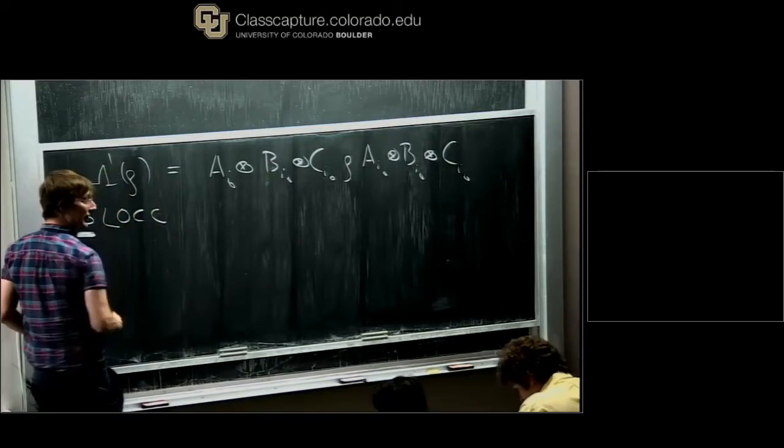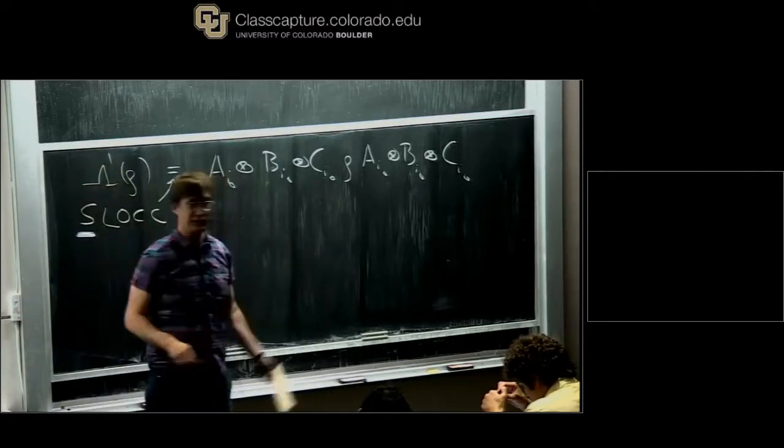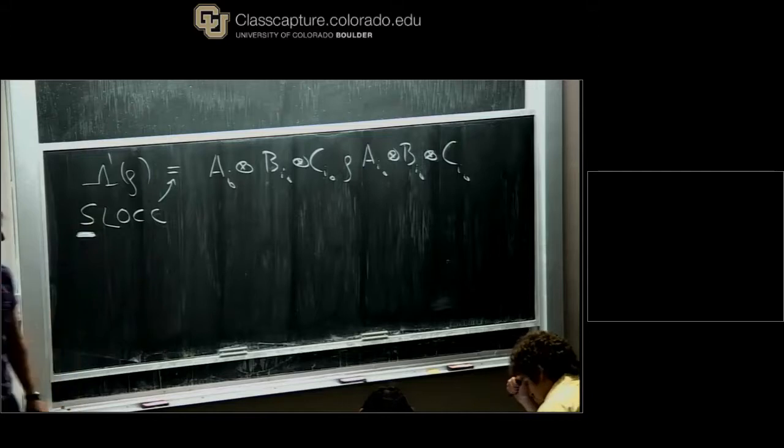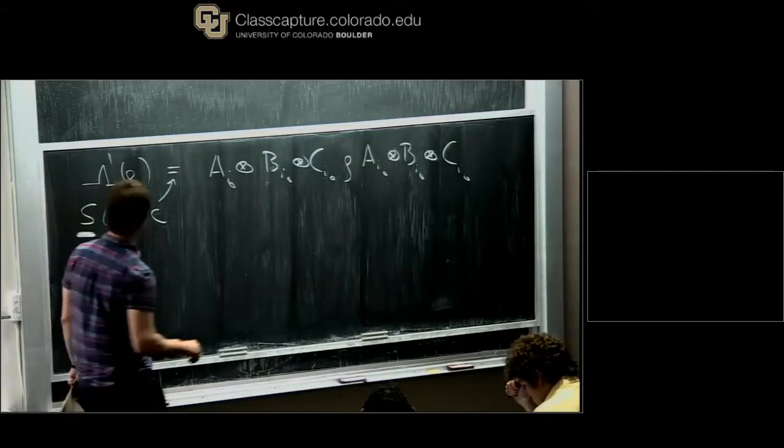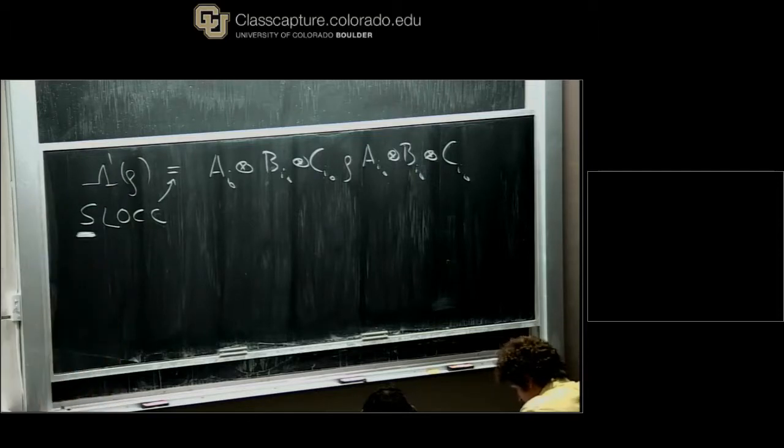So if we are happy to add this S for stochastic, then we can make a bigger class of operations. We can pick one term and go here. Now, in this class, we are only interested in pure states, because they're nicer and easier.